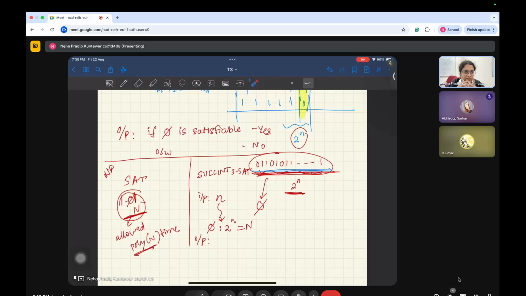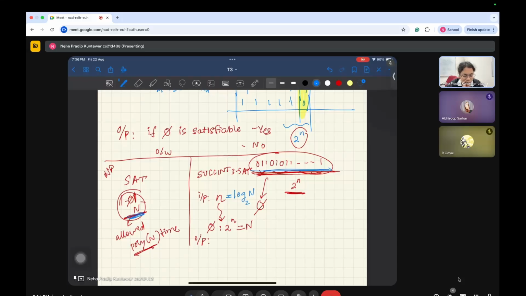So for this formula to be of size capital N, the small n will have to be log of capital N. Now I understood. Because we want to check the performance on the same input size, this n is actually log of capital N.